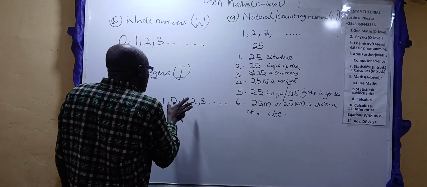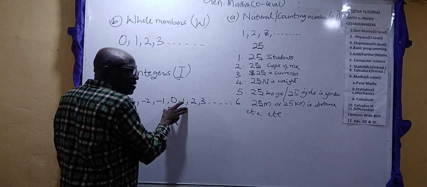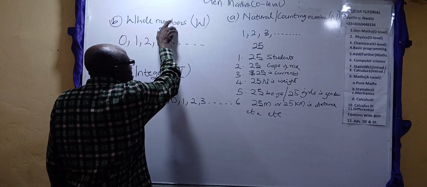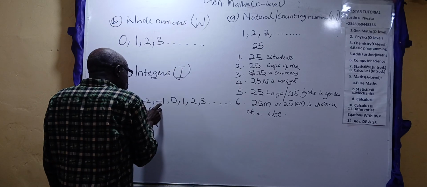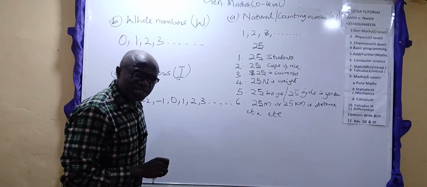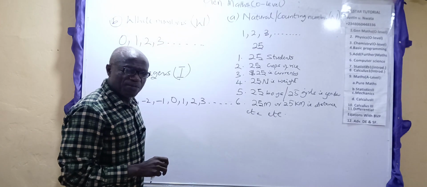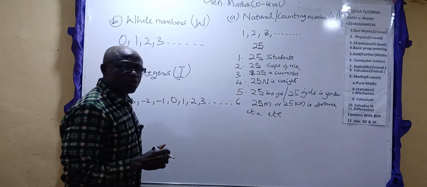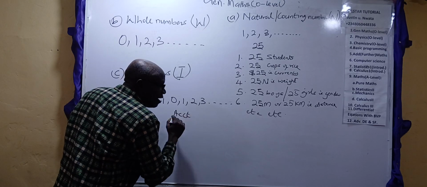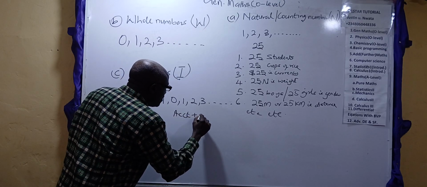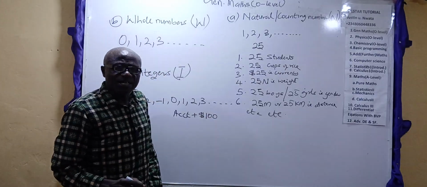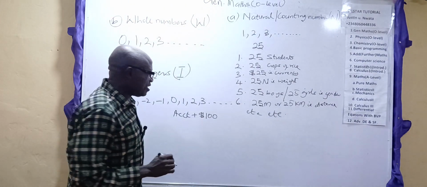Now, these integers were a better improvement on whole numbers. Certain problems this one could not take care of, these integers are taking care of. For instance, credit me with $100. My account I have in the bank, you add $100 to it. I have been credited with $100. Debit me with $100.